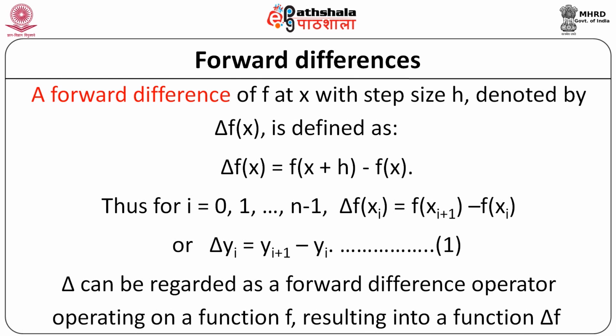Why can we regard this as an operator? Because you can see that delta is operating on a function f and resulting in a function Δf. So, given x we have the value of f(x) and corresponding to that x we can also have the value of Δf(x), and therefore, we are saying that delta is an operator which transforms function f into Δf.